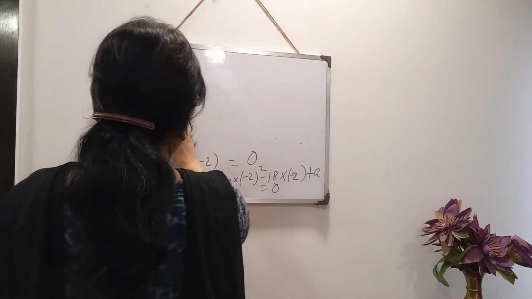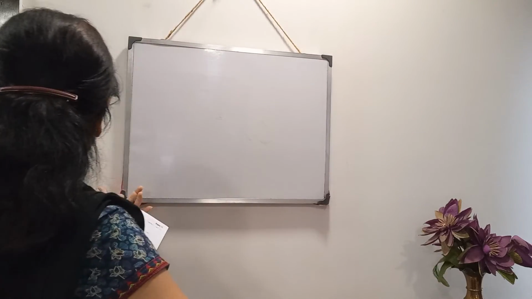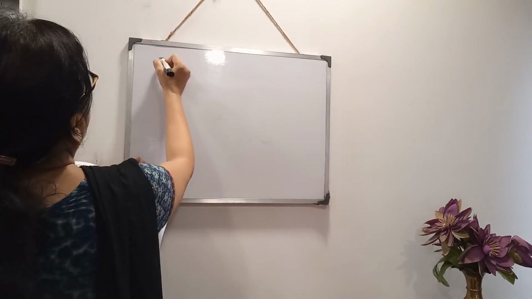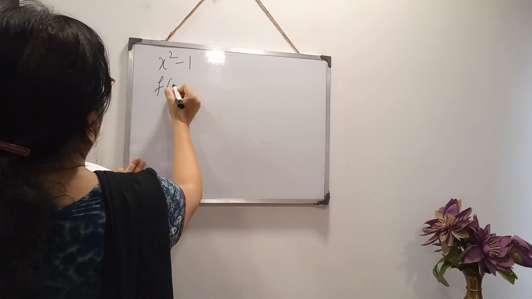it is given in MCQ form that if the polynomial is, it is written x square minus 1 is a factor of the polynomial this.